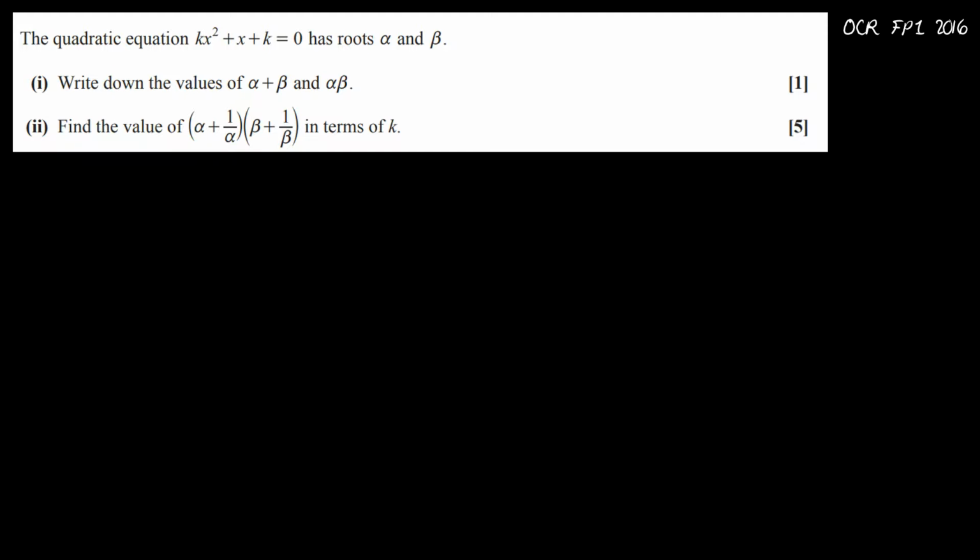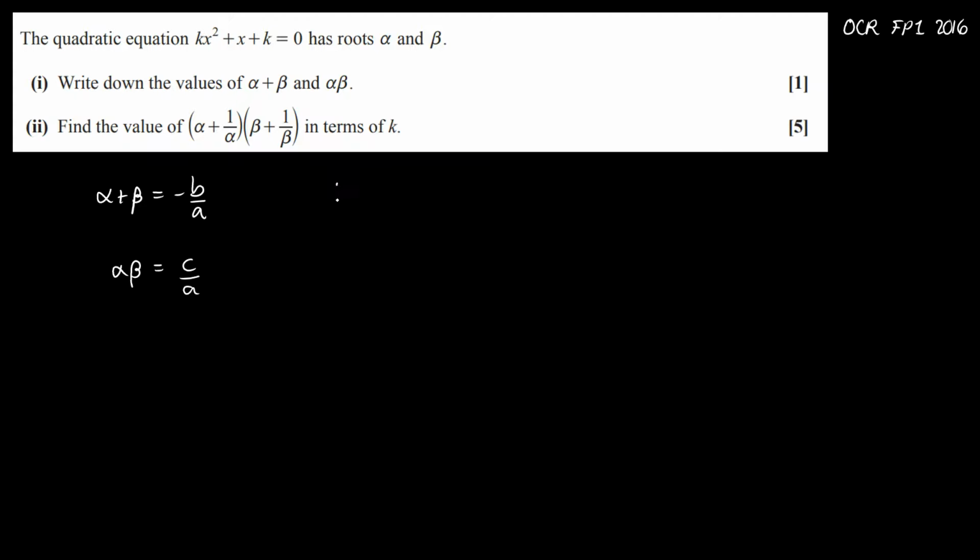So we're going to write down the values of alpha plus beta and alpha beta. These are our standard expressions for a quadratic, and it's a write down, so they're not expecting you to do any working really beyond just recognizing what you need to write down. So alpha plus beta, the sum of our singles, is minus b over a. Now don't forget b and a are the coefficients in the quadratic that you have, and alpha beta is positive c over a.